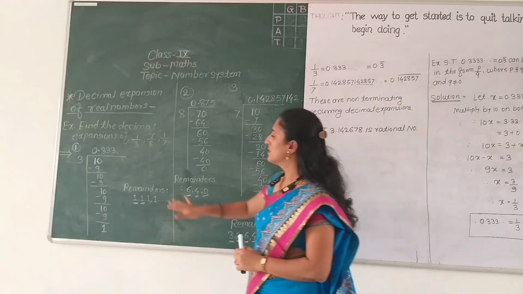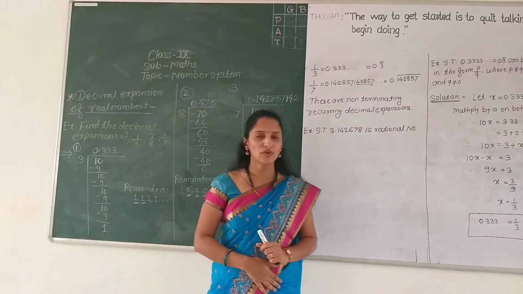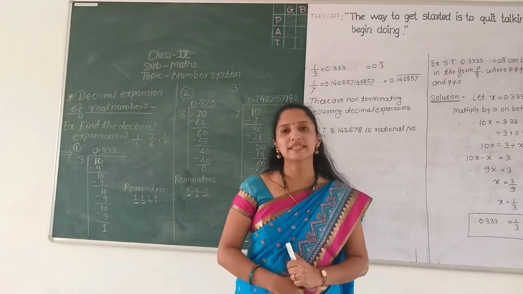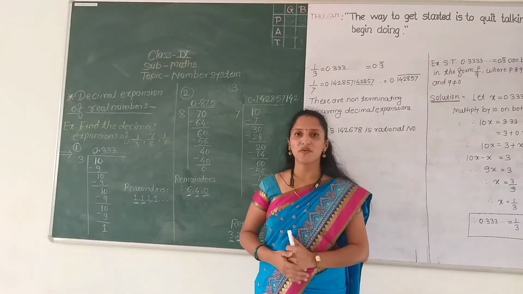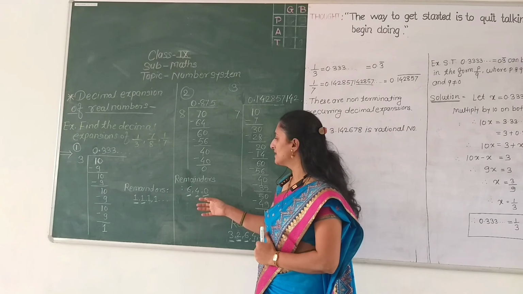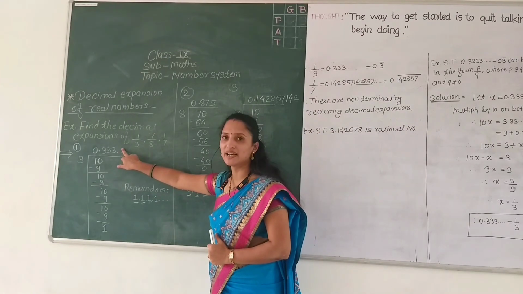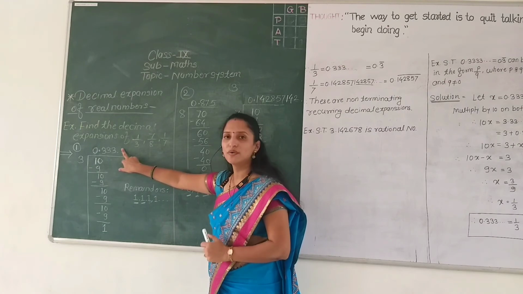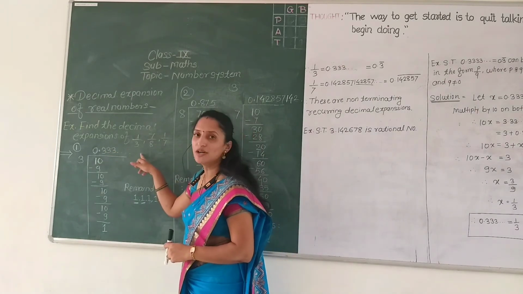So this is decimal expansion of real numbers. We can say that decimal expansion of real numbers is either terminating or non-terminating recurring. Recurring means we get the same numbers repeated many times in the quotient.